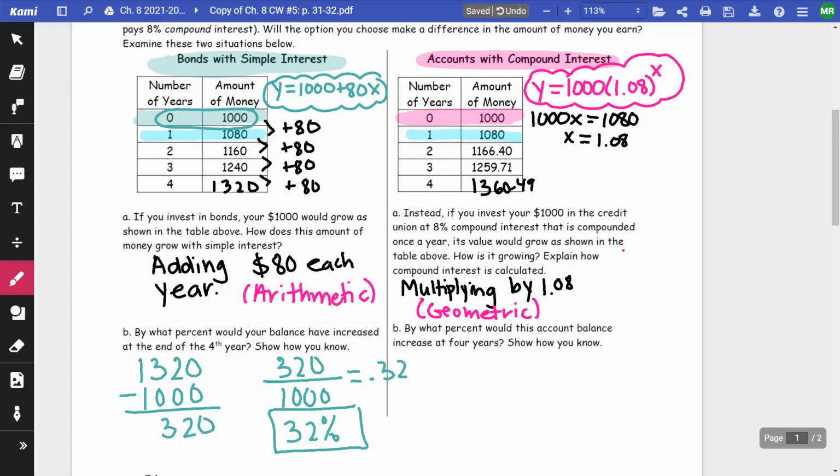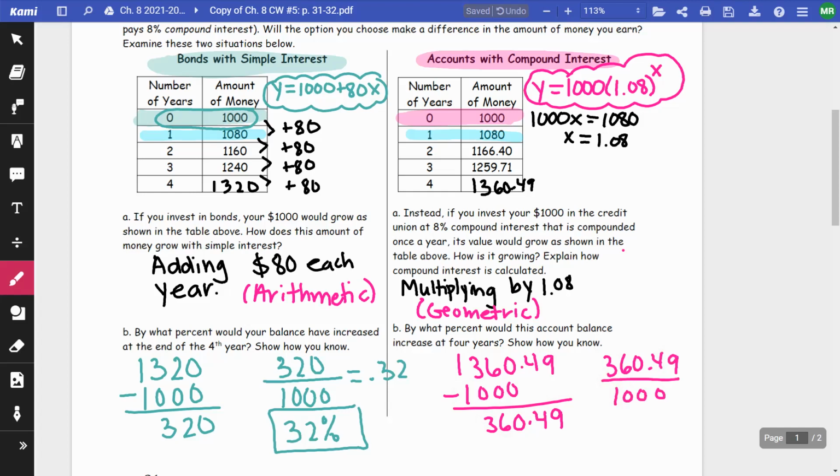Okay, we've earned 32%. Now, I'm going to do the same for the other one. So I had 1,360.49 by year 4. We started with 1,000. When I subtract, I get 360.49. So again, I want to see what percent that is of what I started with, of the 1,000.